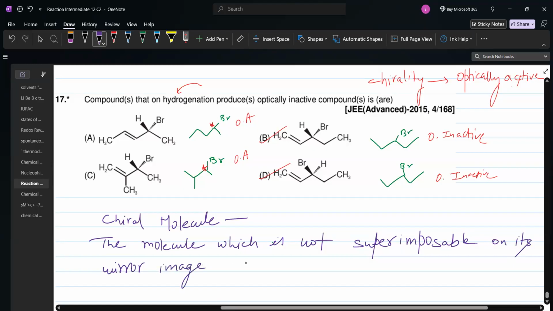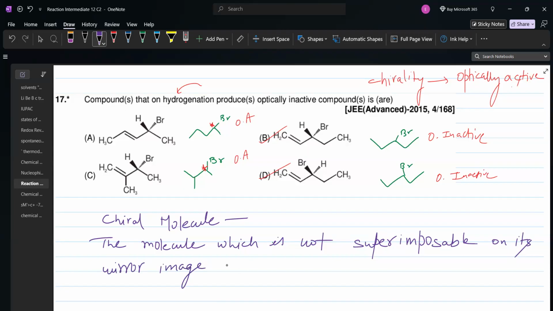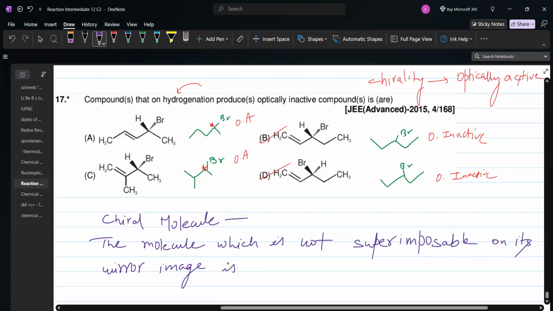The molecule which is not superimposable on its mirror image is called a chiral molecule.